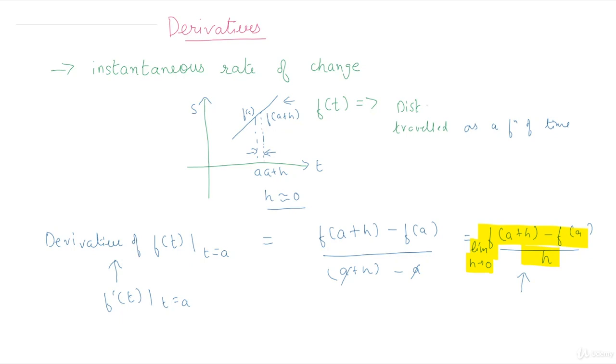So let us take a simple example. Our example is that we have to find the derivative of a function, let us say f of x, where f of x is equal to x squared plus 1, at the point x equal to 3.